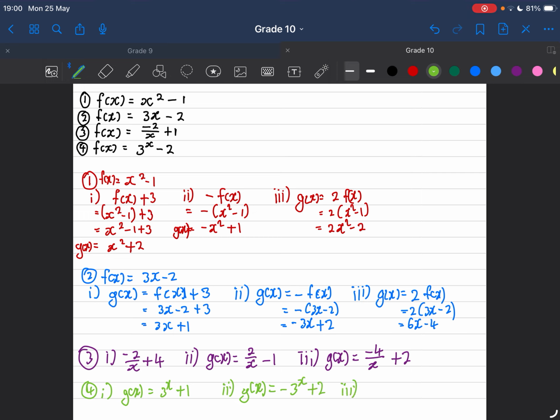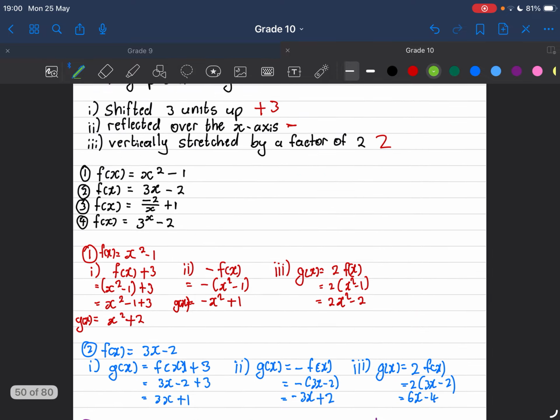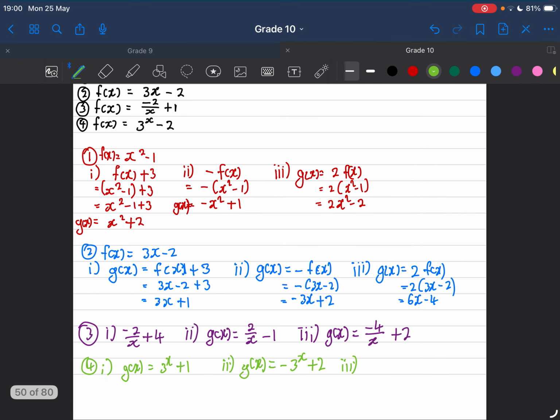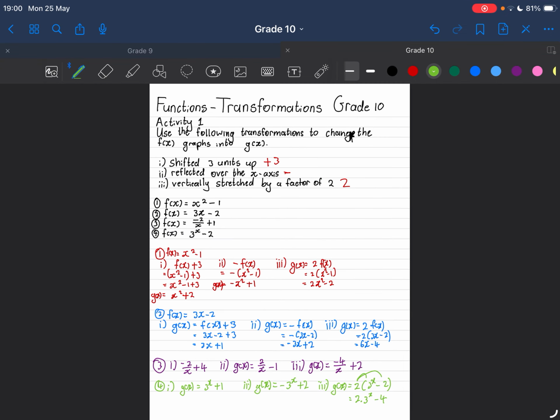And the last one is what was it? Oh, scale by a factor of 2. Okay, so for this one I'll do it in an extra step. So g of x is equal to 2 into 3 to the power x minus 2. This gets distributed, so it's 2 times 3 to the power x minus 4. And that's your final answer.